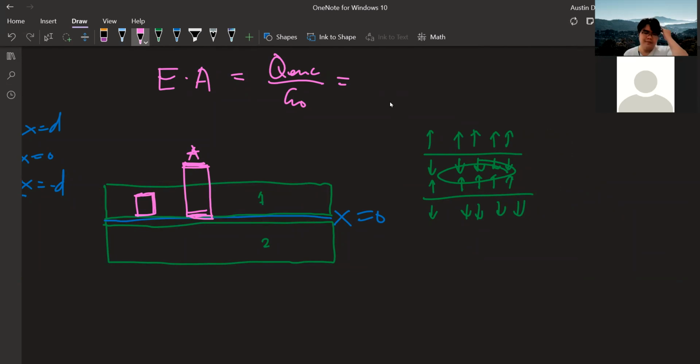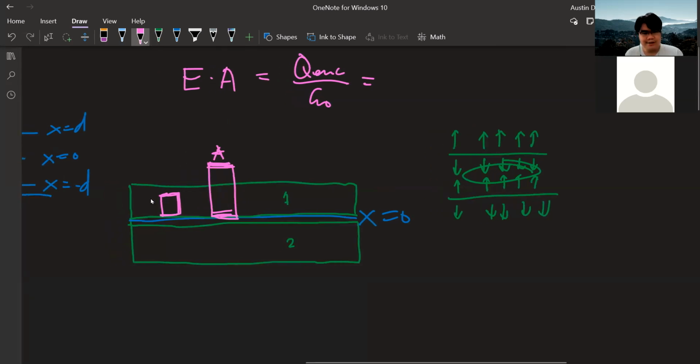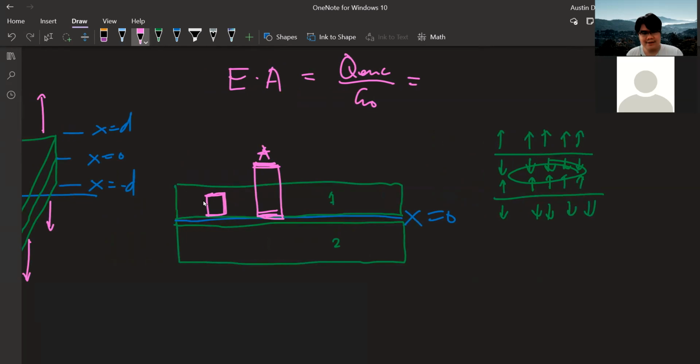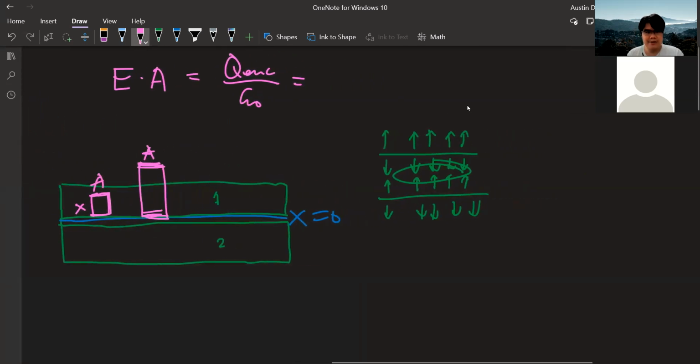Okay, if we are going to use this, yung height niya would be x and the area on top is A. Then therefore, the Q enclosed would be rho times the volume that occupies, rho A x over epsilon naught.